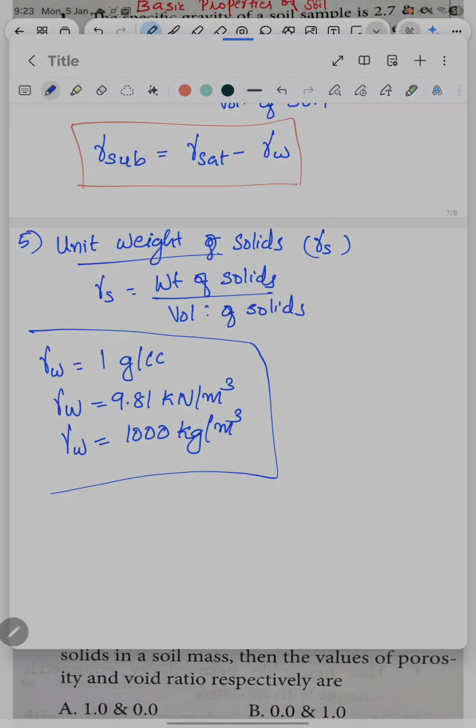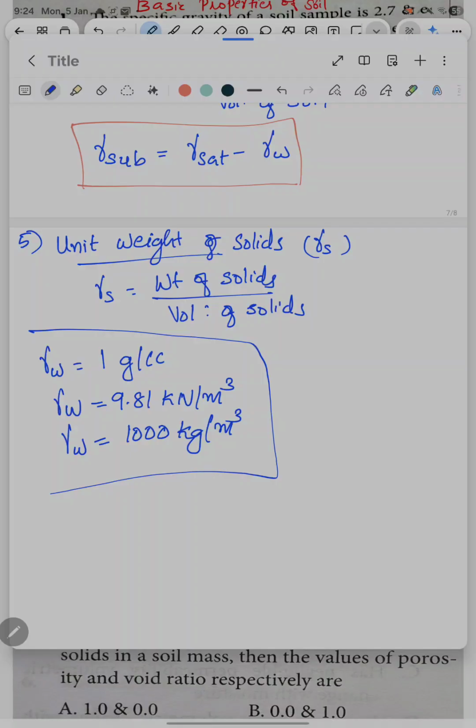If it is given as gram per cc, take the value 1. If it is kilonewton per meter cube, take 9.81. In some questions it is given as 10. If the value is not given, you can take 9.81. And gamma W is 1000 in case of kilogram per meter cube. Don't get confused or make mistakes while doing the problems. 1 gram per cc, 1000 kilogram per meter cube, or 9.81 kilonewton per meter cube.